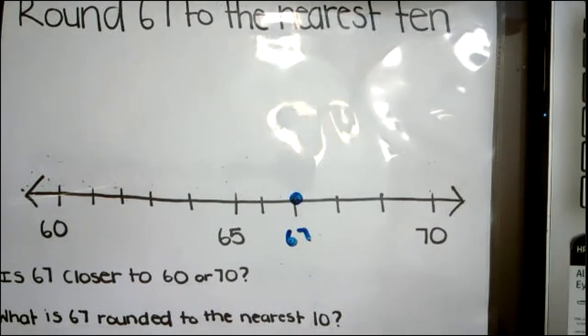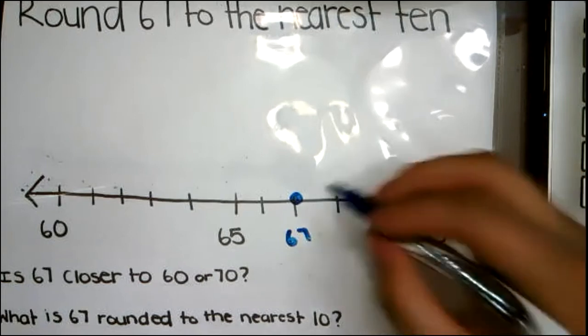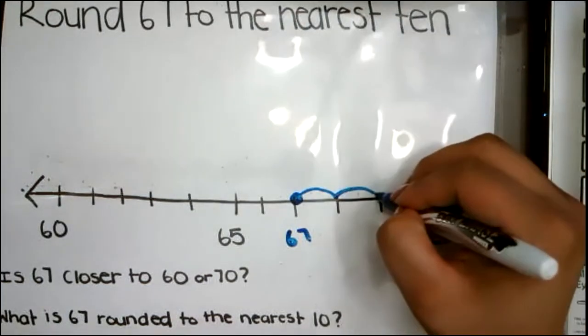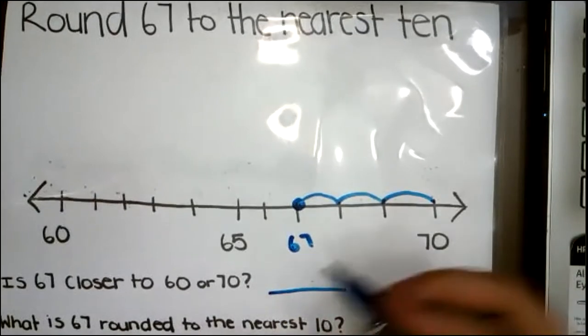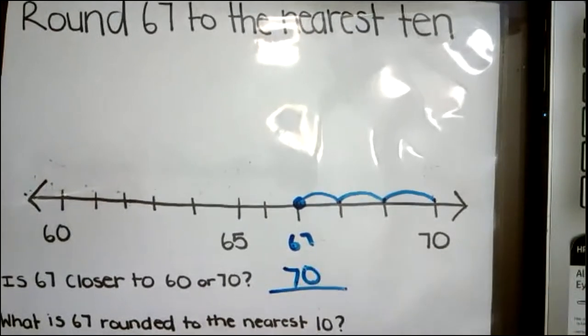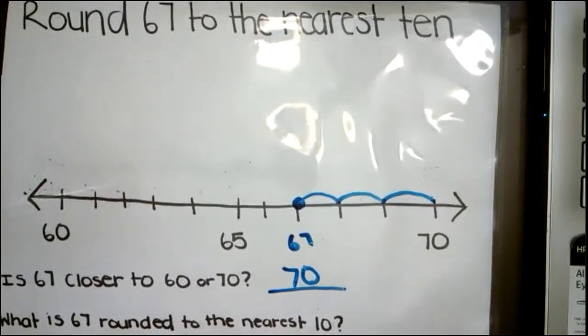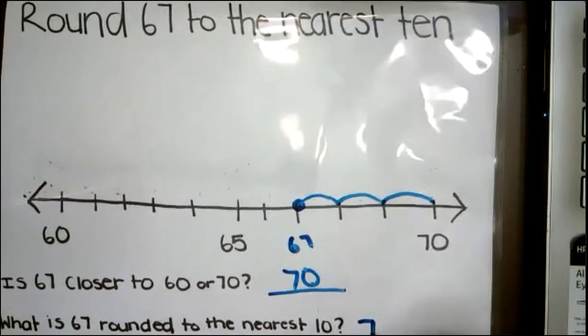It is closer to the number 70 because we only need to take 1, 2, and 3 hops to get to the number 70. So we're going to round our number to 70.